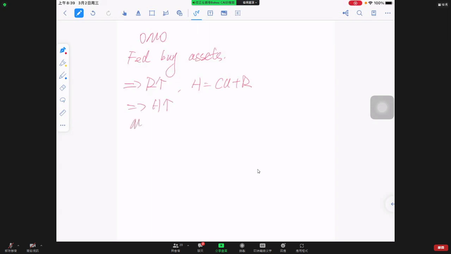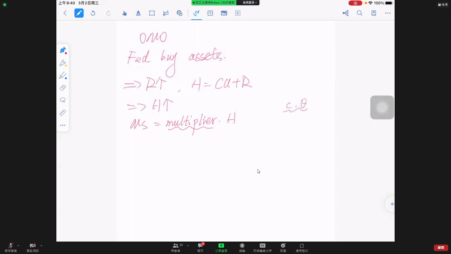And again, money supply is the multiplier times H. And the money multiplier is unchanged, because this multiplier is determined by c and theta, right?